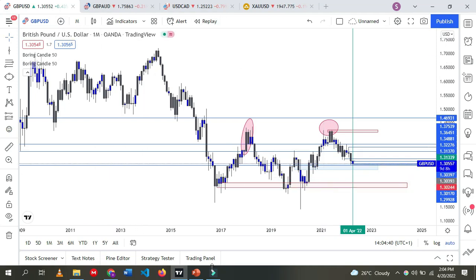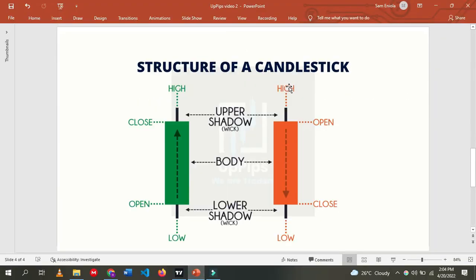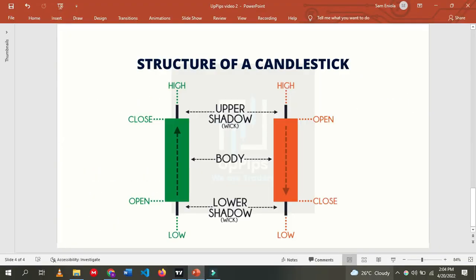So before we go into that, let's learn about candlestick. What's the structure of a candlestick? This is a typical bullish candlestick, and this is a typical bearish candlestick. When a candlestick is bullish, it opens at the bottom and it closes at the top.